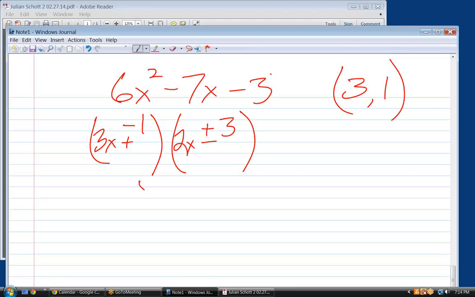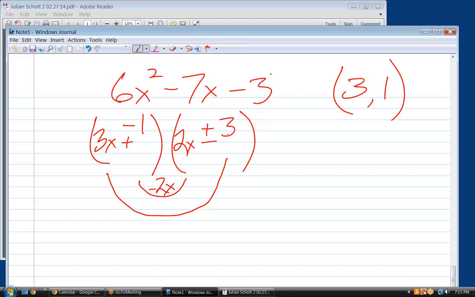Okay. Now let's check. Let's do it piece at a time. What goes here? What's minus 1 times 2x? Negative 2x.